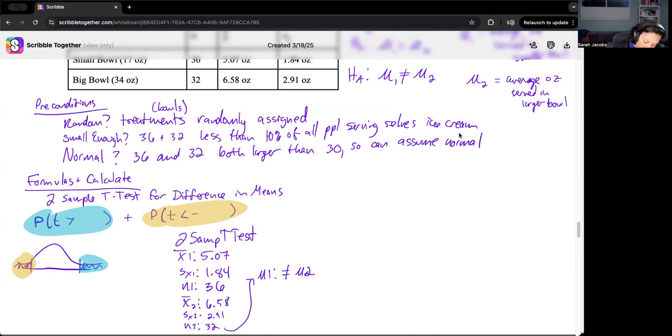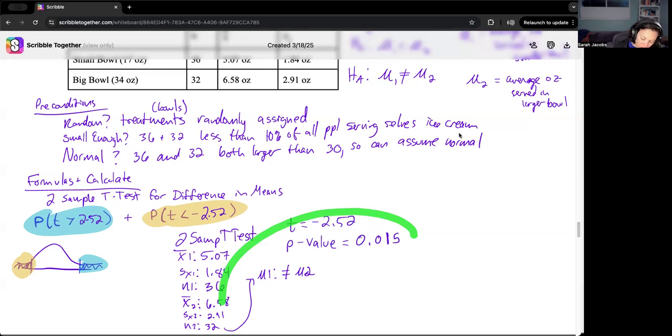So we get our t-score of negative 2.52 and our p-value, and I'm always going to write this as a p-value, of 0.015. So first up, I'm going to say that this is 2.52 here and 2.52 there. So we have all of our calculations.